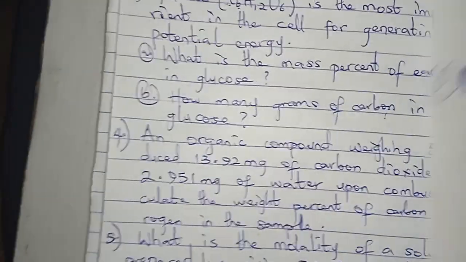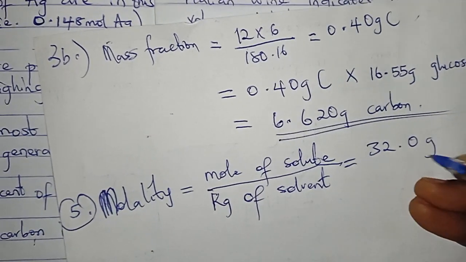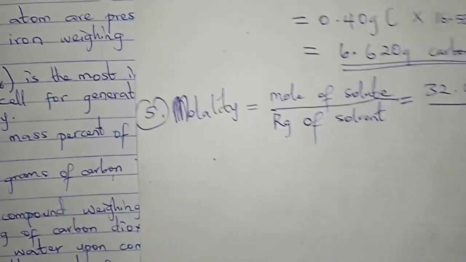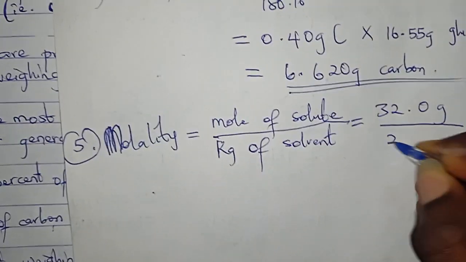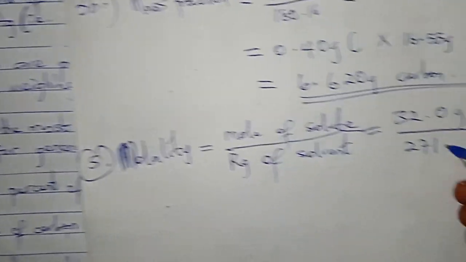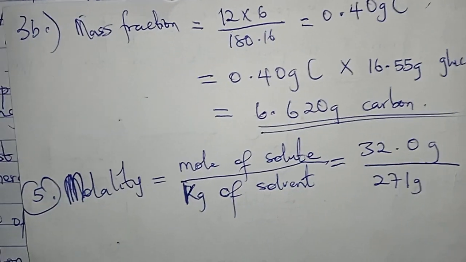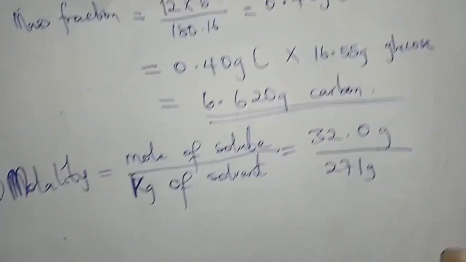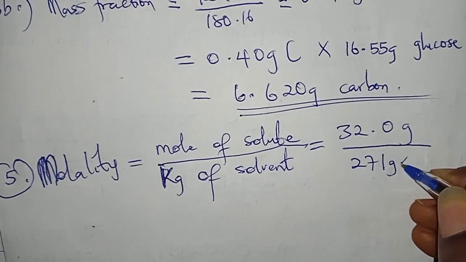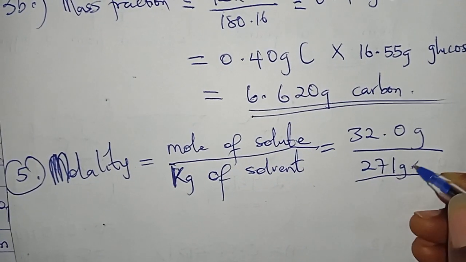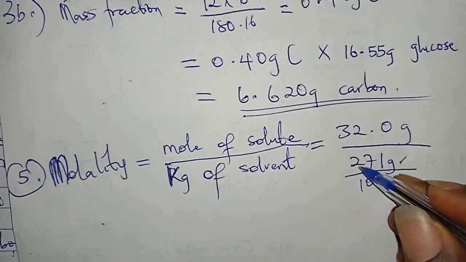So solute is 32.0 gram all over water, which is 271 gram, and you know that what we make use of for solvent is actually kilogram. So this is the same thing as saying divided by 1000.